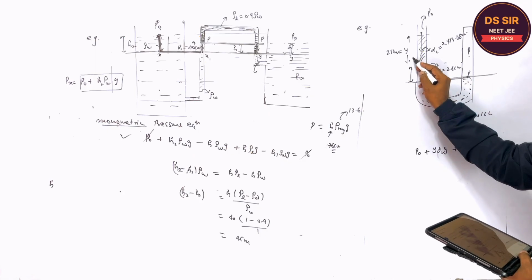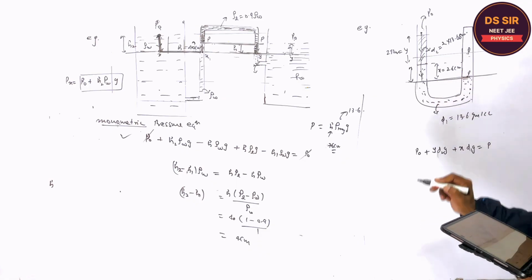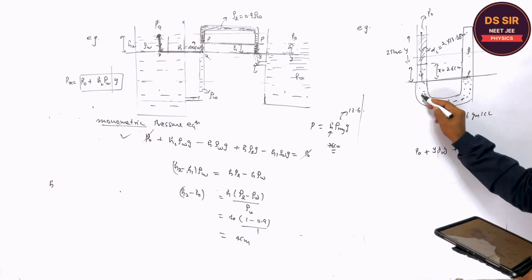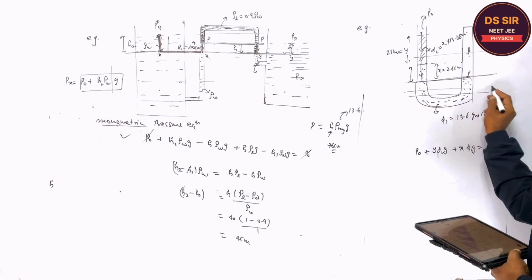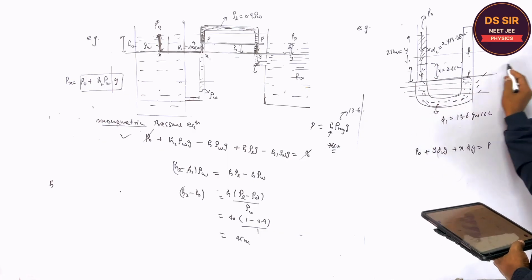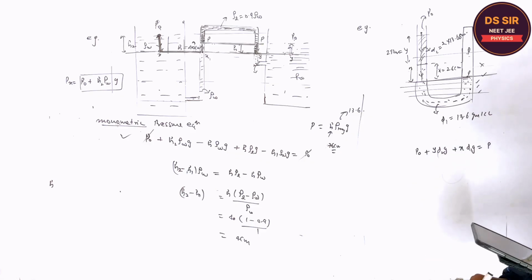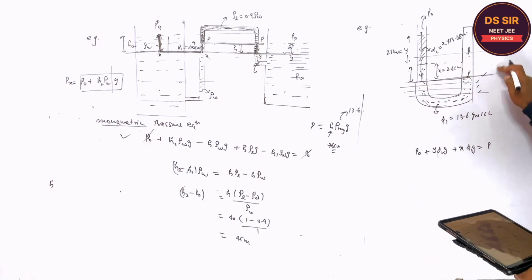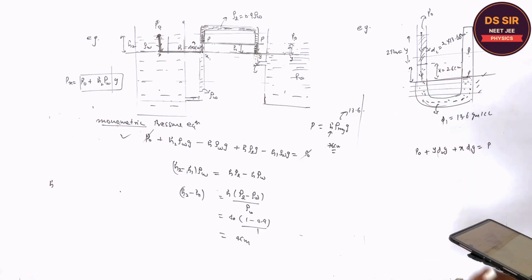I cannot write that the pressure at this point is the same. This is the same liquid. So therefore, in the same liquid, the pressure at this point is the same. The pressure is not the same at this point. You must understand first of all. This is the confusion, right? So this is the thing.